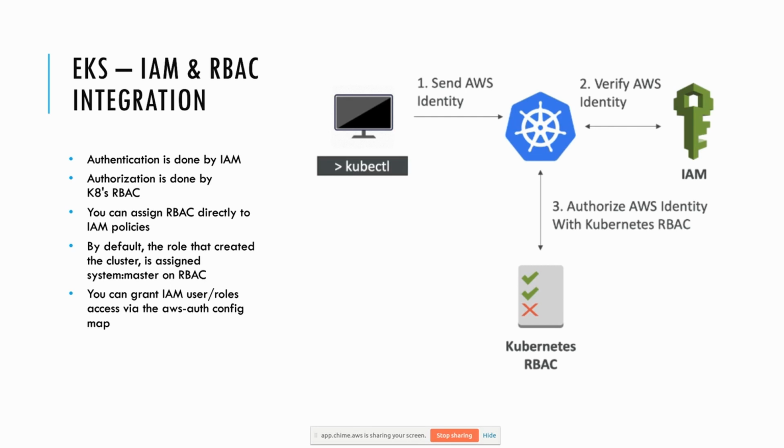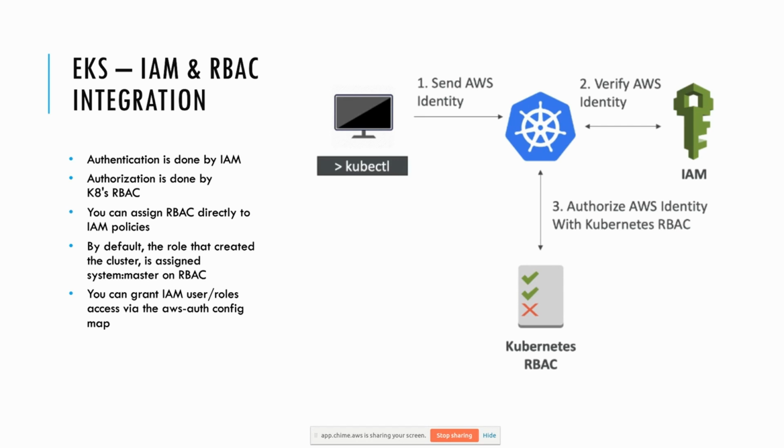Cool. And now, how do pods and nodes interact with IAM? Authentication to your node is done through IAM. Through IAM roles, you can attach policies that define what they can do with the cluster. But the actual actions within the cluster are still done through RBAC, Kubernetes native role-based access control.